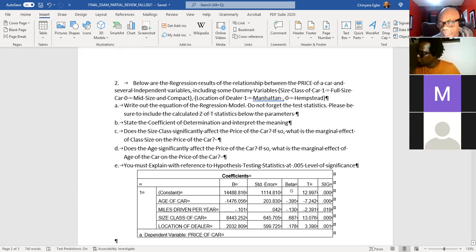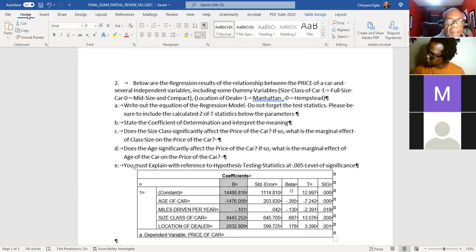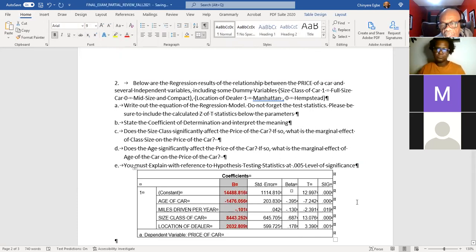So the same process you're going to do, except that you test each slope individually. These are the slope coefficients for each of the independent variables, and these are the calculated Z or T for each of the slopes.